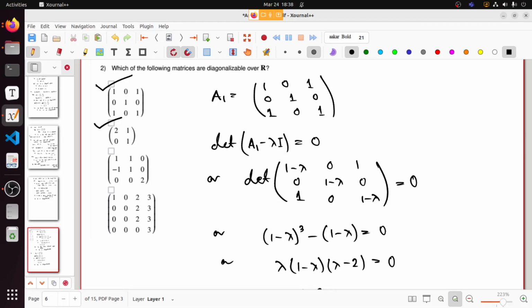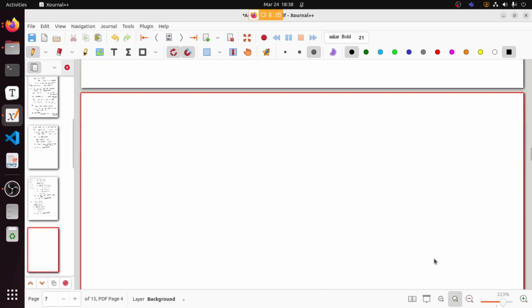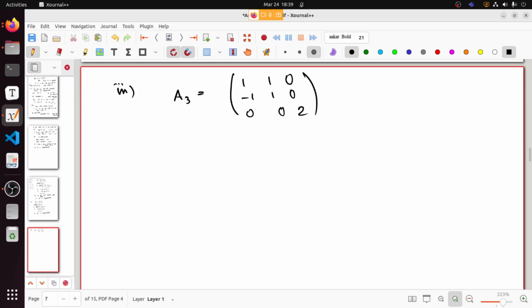Now check option number 3. A3 is 1 1 0, minus 1 1 0, 0 0 2. Let's compute the characteristic polynomial of A3. The determinant of A3 minus lambda I equals 0.